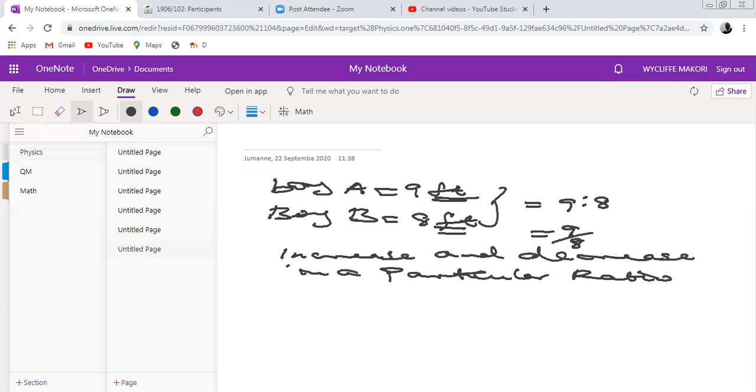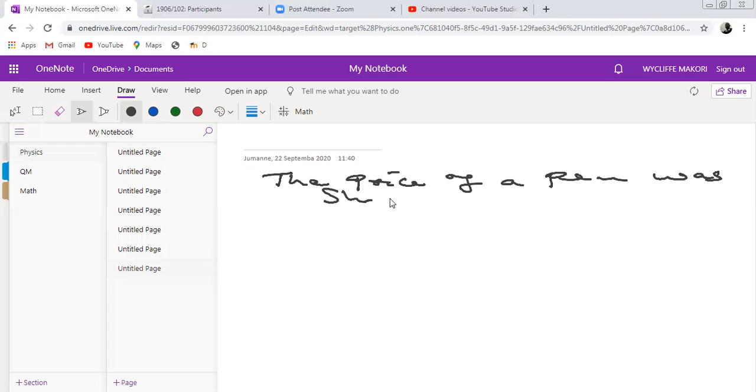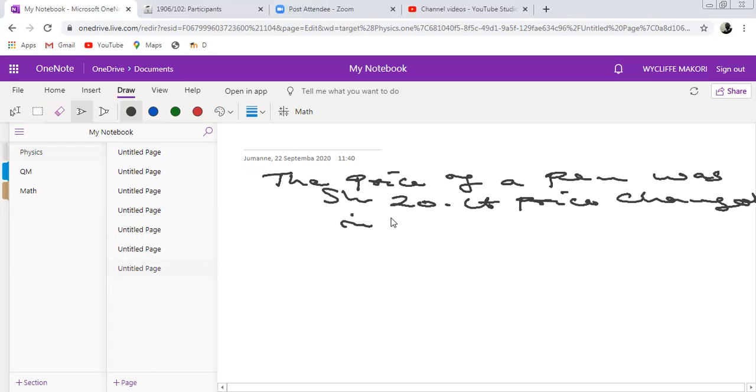So you can be given an example like this. The price of a pen was 20 shillings, and then you are told its price changed in the ratio 5 is to 4.